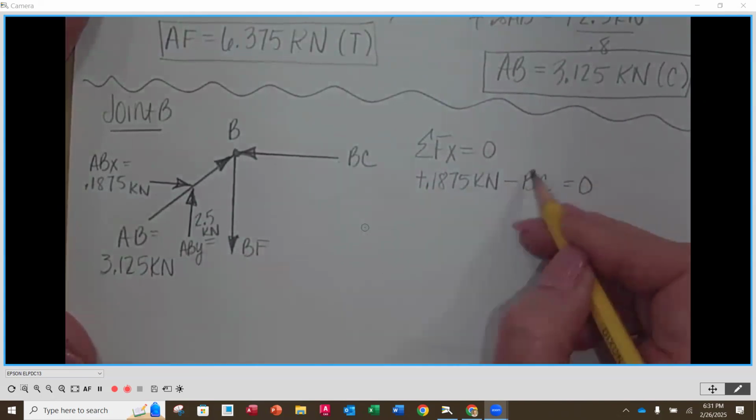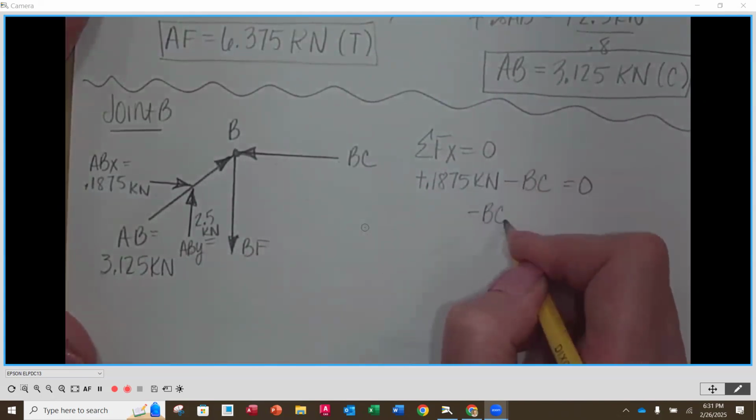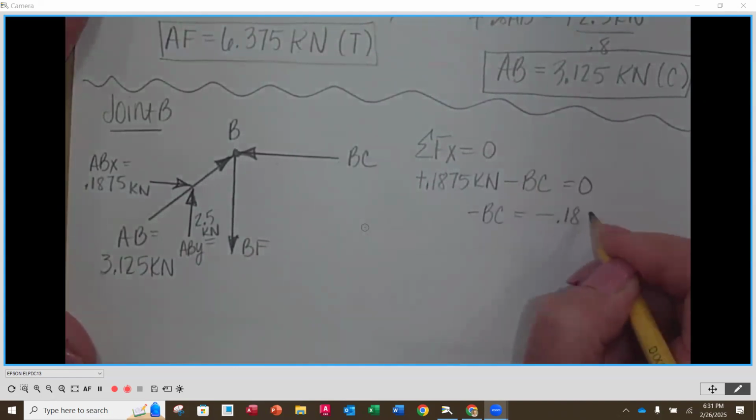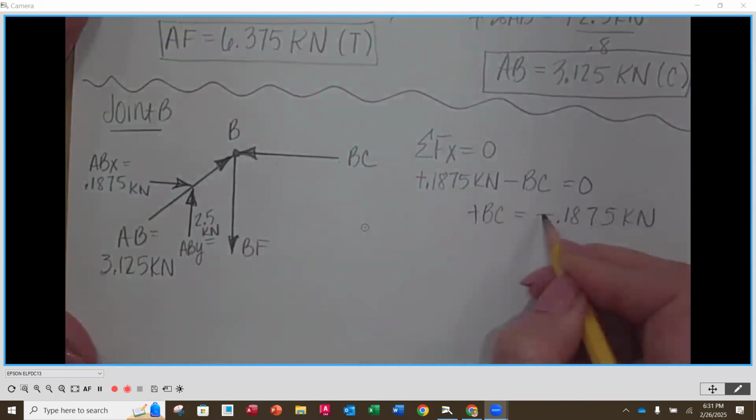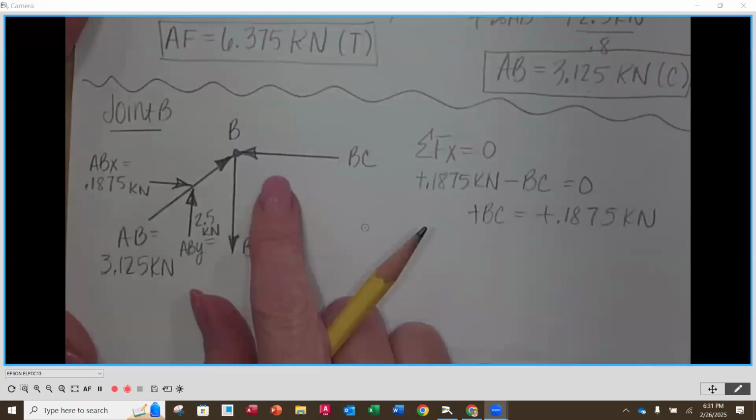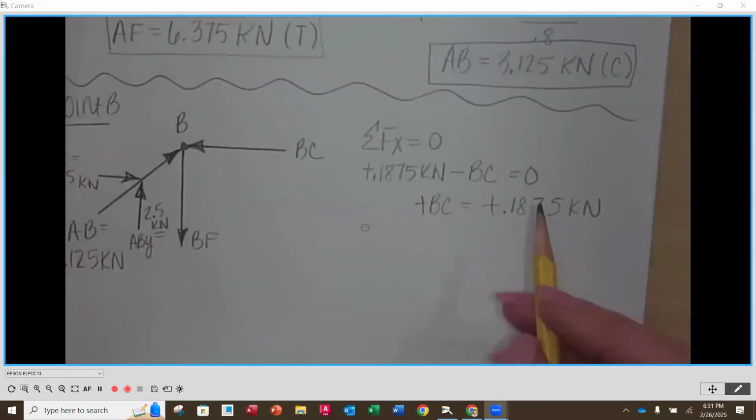I've only got one unknown here, so my negative BC is going to be equal to a negative 1.875 kilonewtons. They both become positive. So that means I assumed the correct direction here for BC, and its magnitude is 1.875.